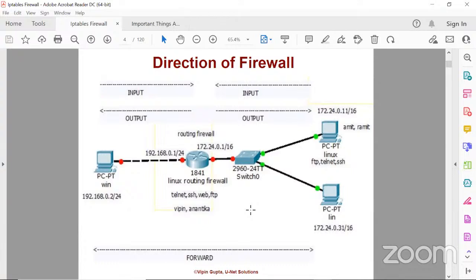To make you understand, I will go to this system and write one rule. What am I going to write? Just do not allow this system to telnet to this system. Let me go to this system, because I want you to understand what is SNAT. This is going to be the last example.